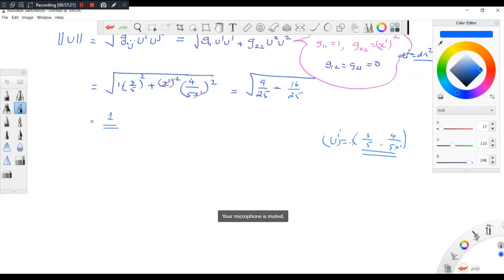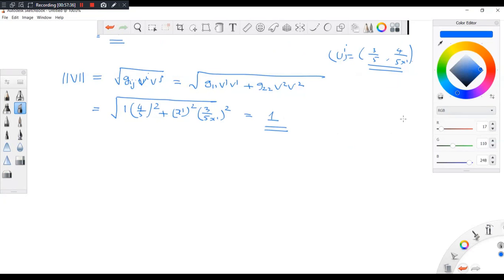Sir, in any coordinate system the length is always invariant, so why in this polar coordinate system are we getting this length? No. When you look at this vector, you don't feel that it is a unit vector.